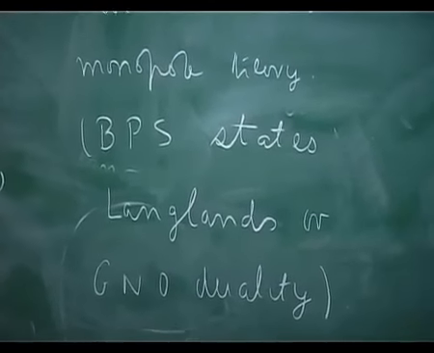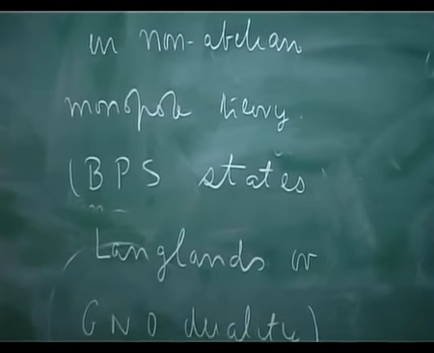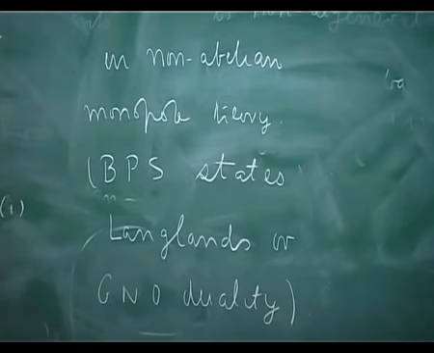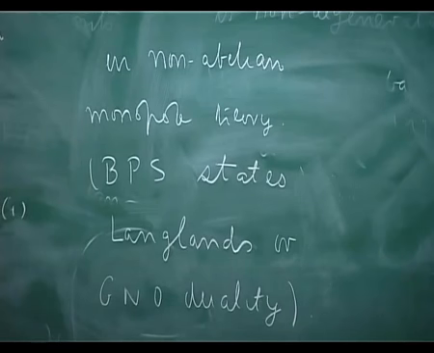All these things get connected. Langlands thing is very complicated. I don't understand. It is part of the Langlands program which I don't understand. But this paper is very readable. GNO, Goddard-Nuyts-Olive, and they discuss how this happens. It is very beautiful. But anyway, let us keep going.